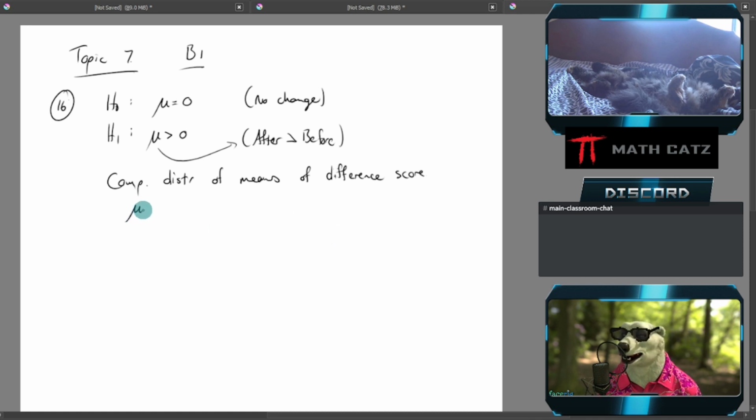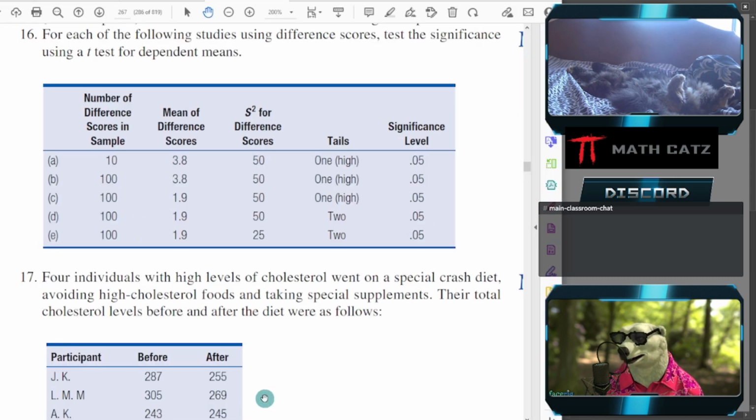So our mu is, under the null hypothesis, 0. They tell me the variance, in this case, for the difference scores, for the population of individuals, 50.